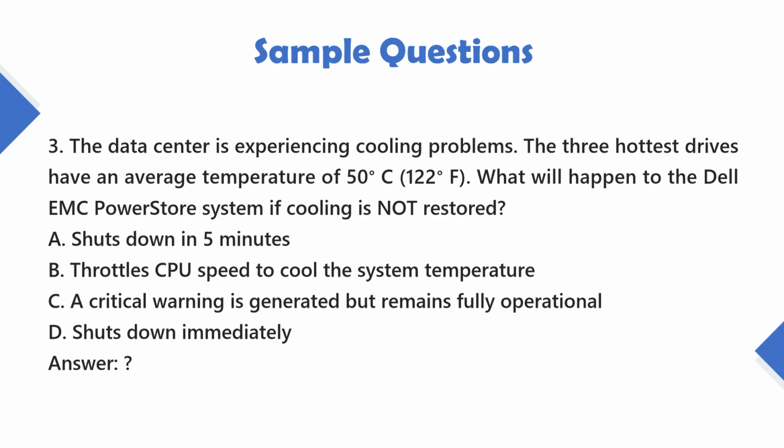The 3 hottest drives have an average temperature of 50 degrees Celsius, 122 degrees Fahrenheit. What will happen to the Dell EMC PowerStore system if cooling is not restored? A. Shuts down in 5 minutes. B. Throttles CPU speed to cool the system temperature. C. A critical warning is generated but remains fully operational. D. Shuts down immediately.